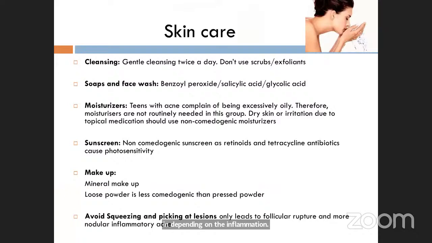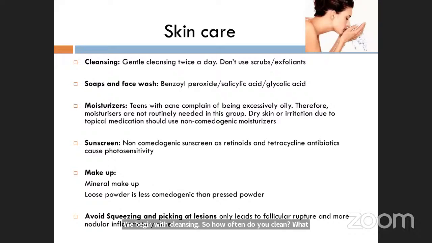Next slide, sir. So we'll come now to how we treat acne in our children. First we'll start with routine skincare. We begin with cleansing. How often do you clean? What do you use for cleaning?